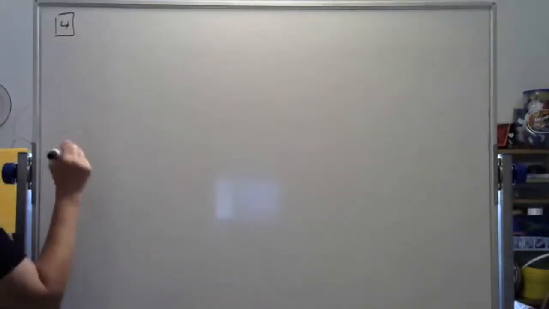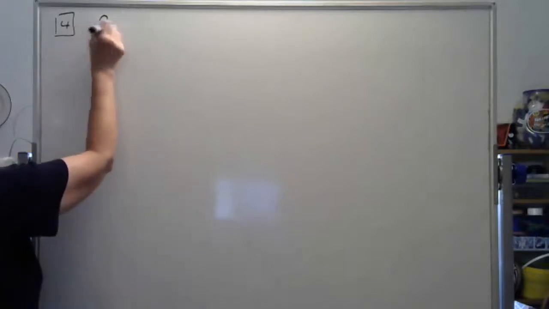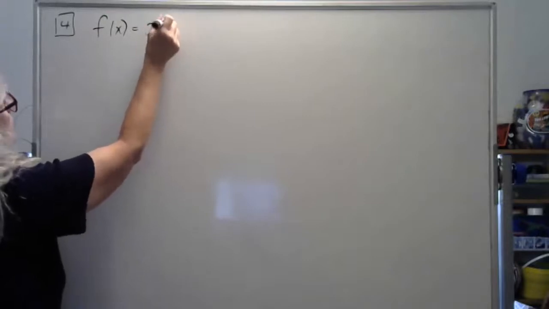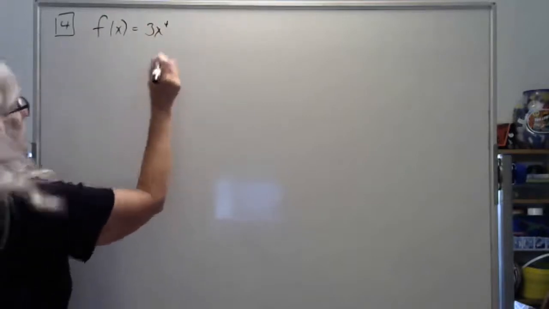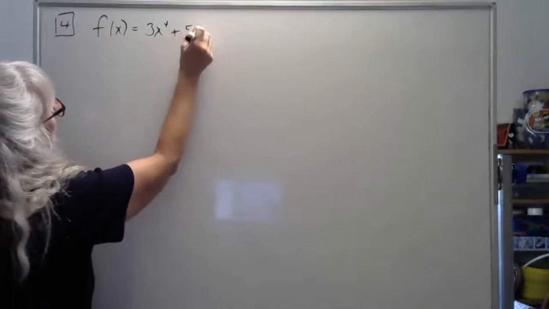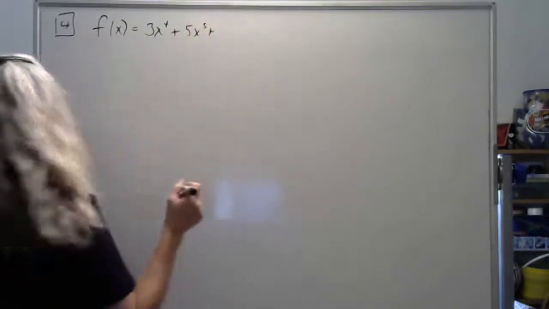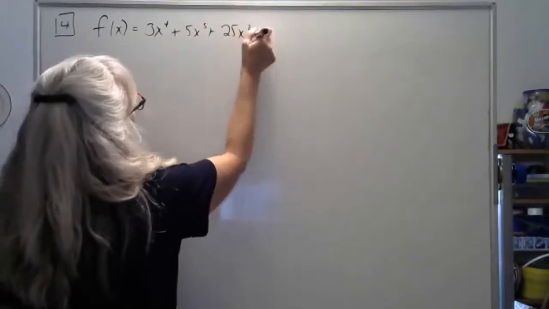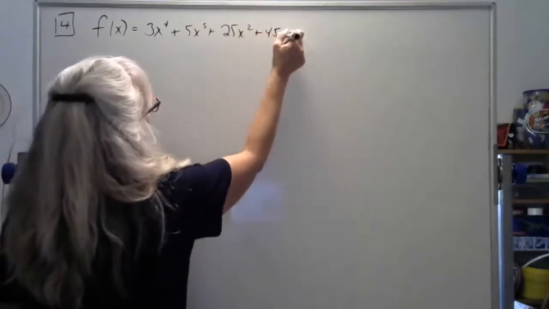So example 4 is a 4th degree polynomial. It says f of x is equal to, I have 3x to the 4th plus 5x cubed plus 25x squared plus 45x minus 18.